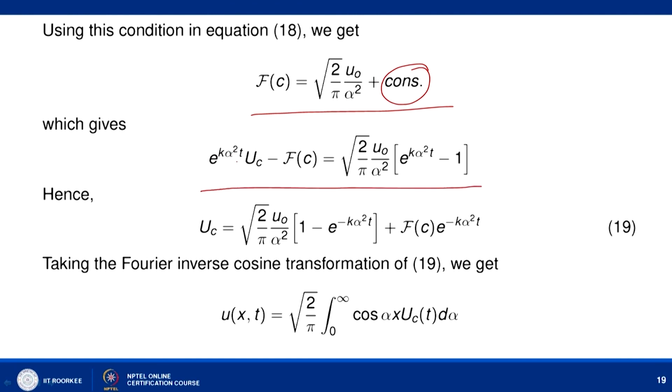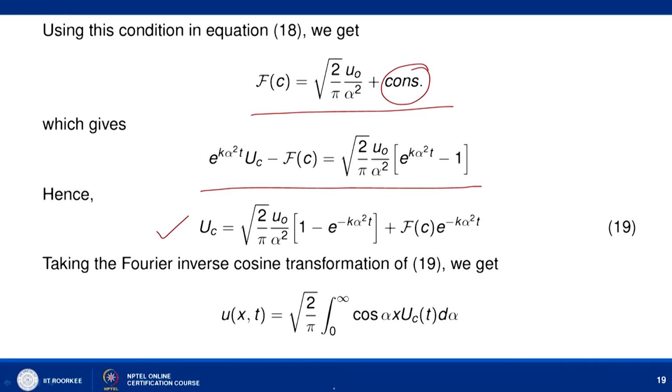So, we have e to power k alpha square t u c minus f of c equal to under root 2 by pi u naught upon alpha square times e to power k alpha square t minus 1, and we can simplify and write u c as under root 2 by pi u naught upon alpha square into 1 minus e to power minus k alpha square t, plus f of c e to power minus k alpha square t.